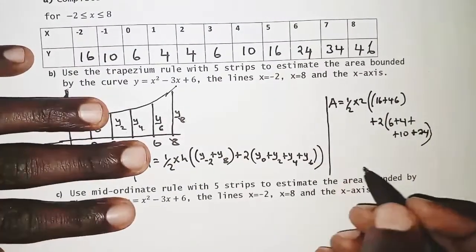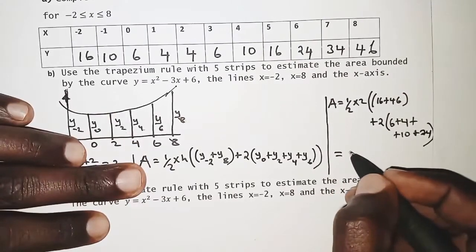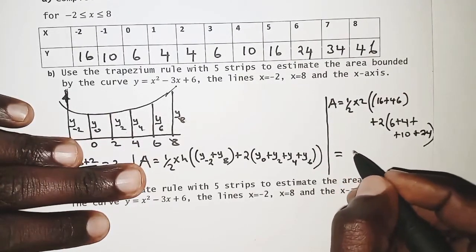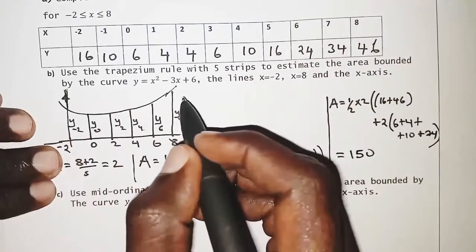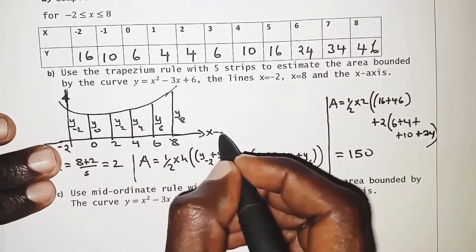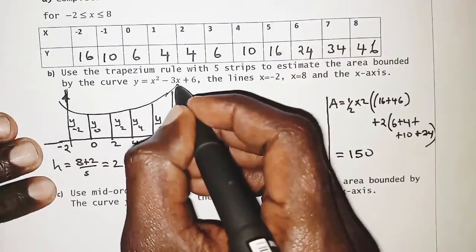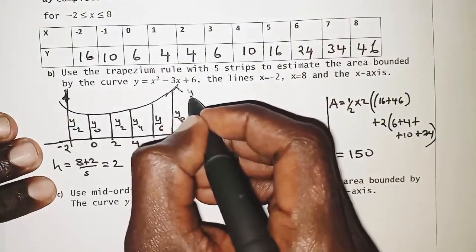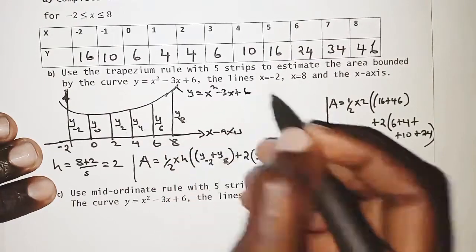And then the next, when we work this out, we realize that the area under the curve is 150. So we have this as the x-axis, we captured that. This curve here represents y is equal to x squared minus 3x plus 6.